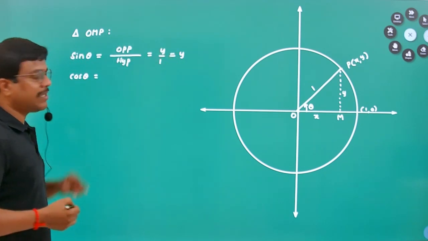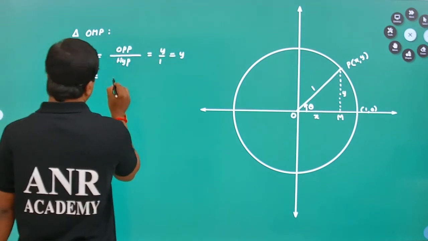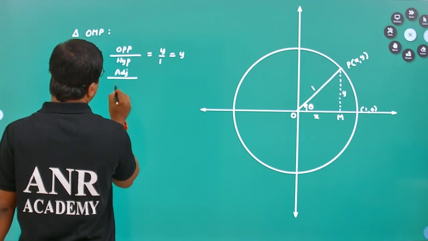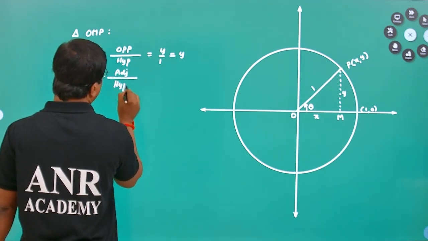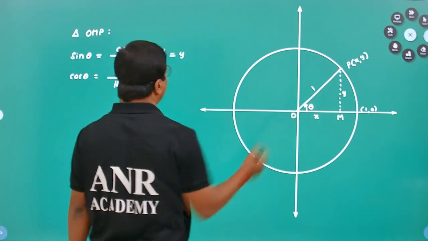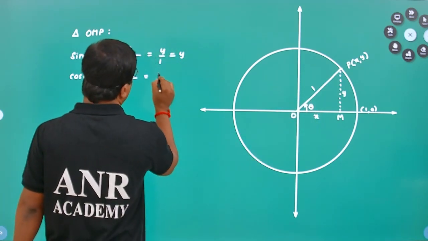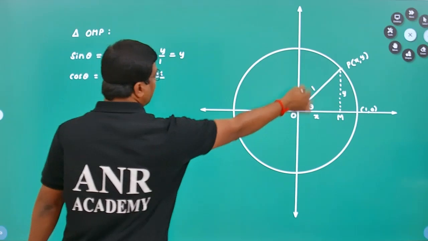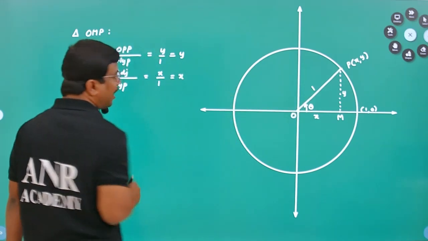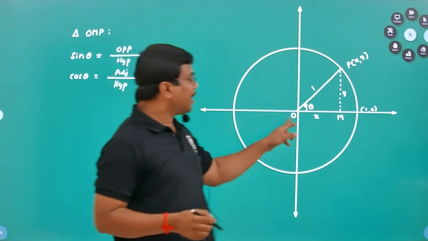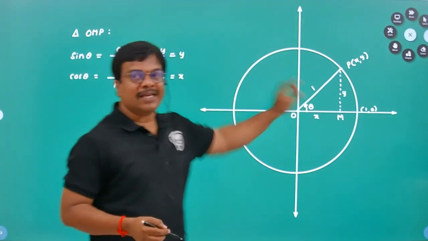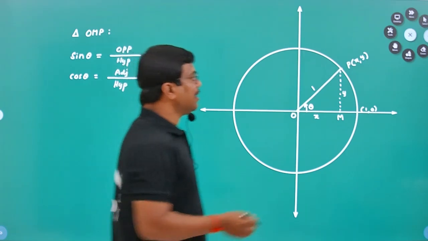Next, cos theta. You know that cos theta is defined by adjacent by hypotenuse, and here adjacent to theta you have x, and the hypotenuse, that is the radius of the circle, is 1. So clearly x is nothing but cos theta, and y is nothing but sin theta in this case.